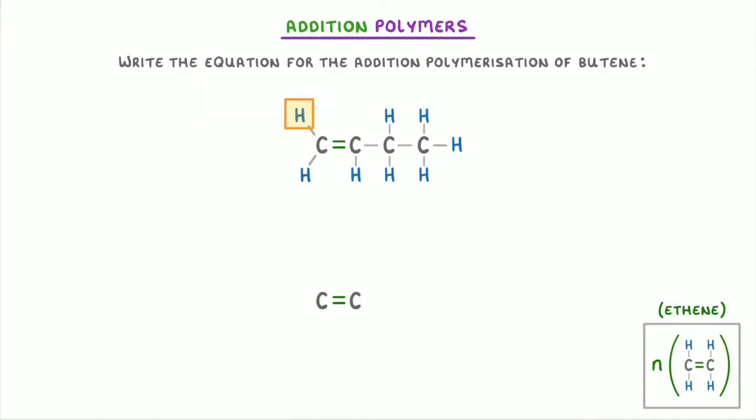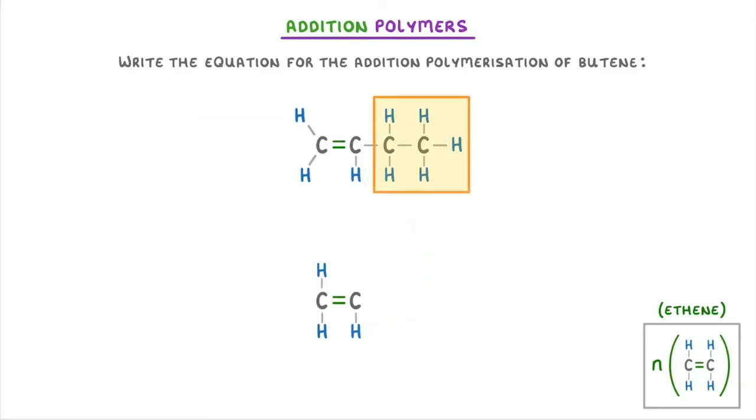This first hydrogen needs to change from being shown sticking out at an angle to being shown like this, pointing straight up from the carbon. And we do exactly the same thing for this hydrogen, so that it points straight down rather than sticking out at an angle. Then this hydrogen over here is already pointing straight down, so we just redraw it exactly the same way.